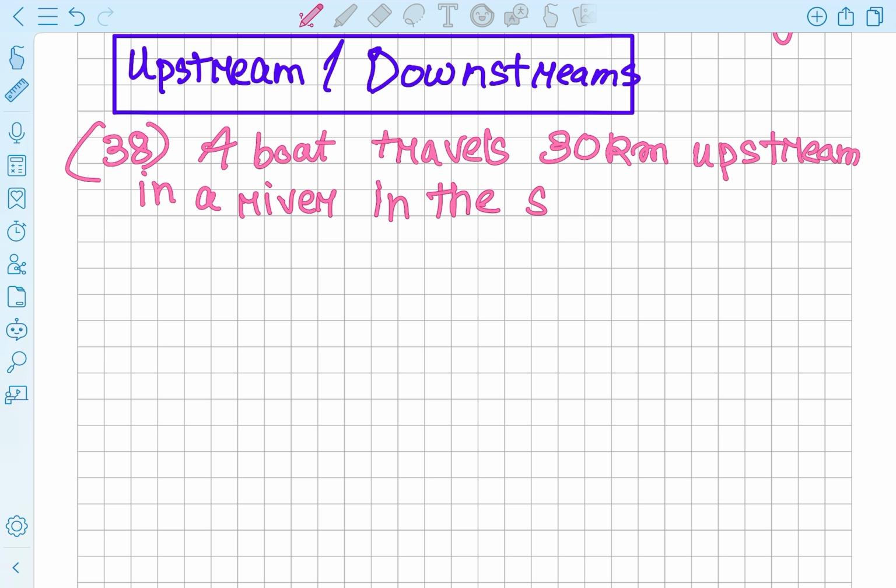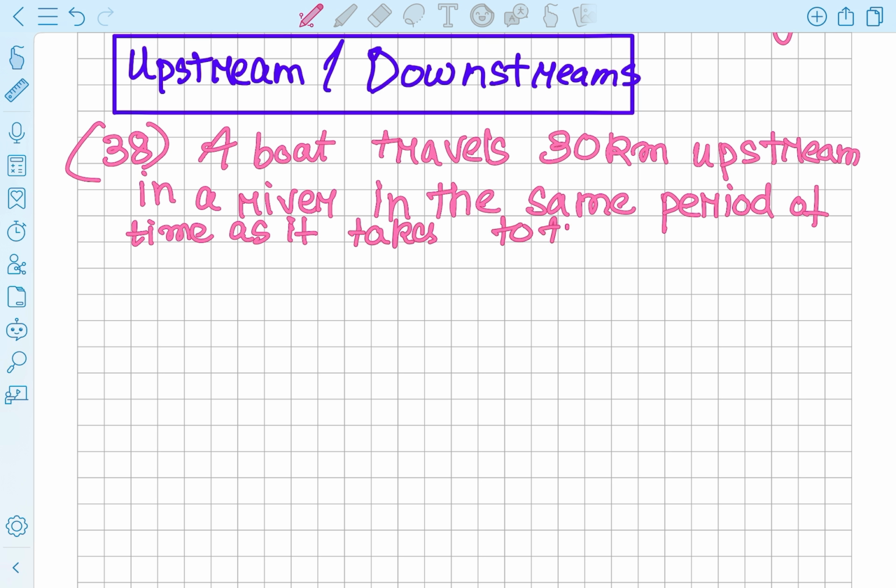in the same period of time as it takes to travel 50 kilometers downstream.